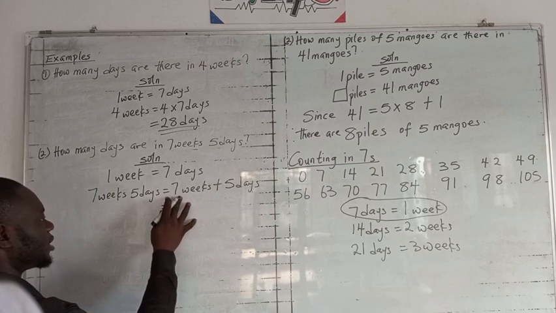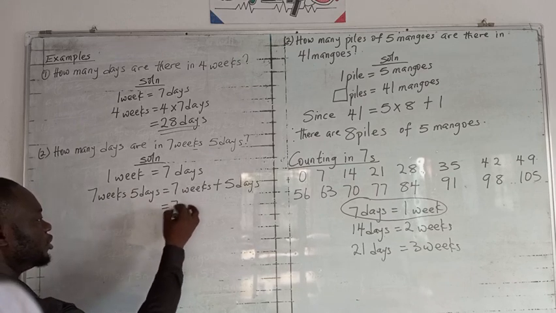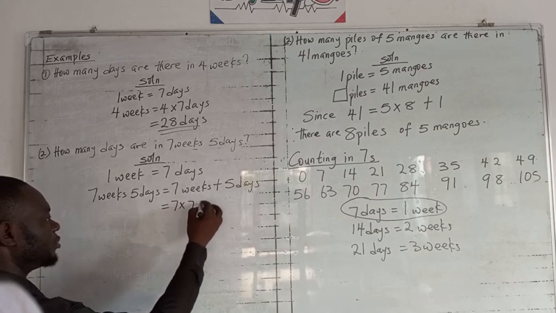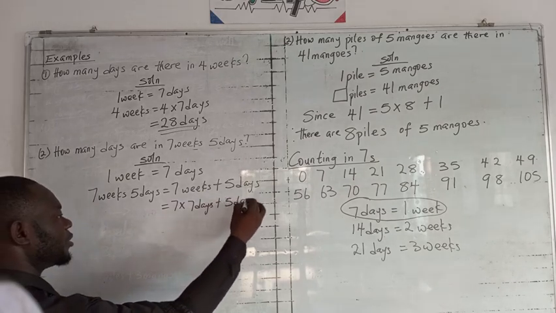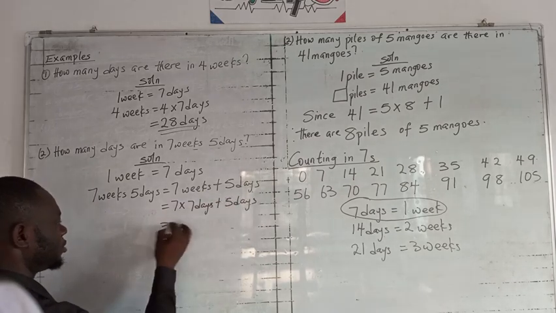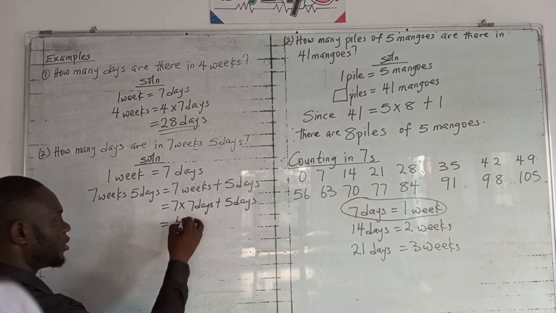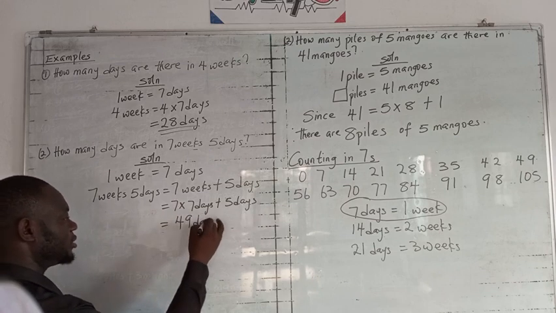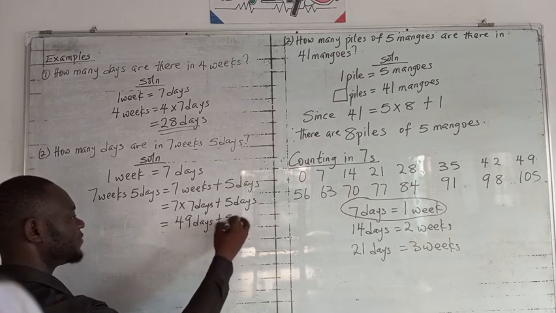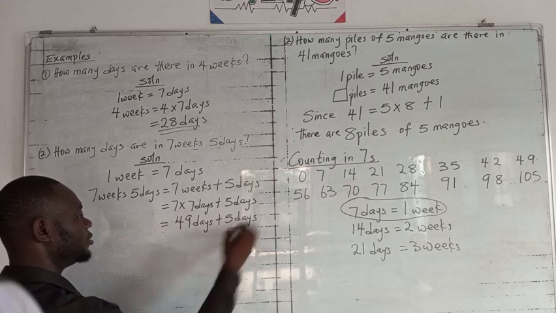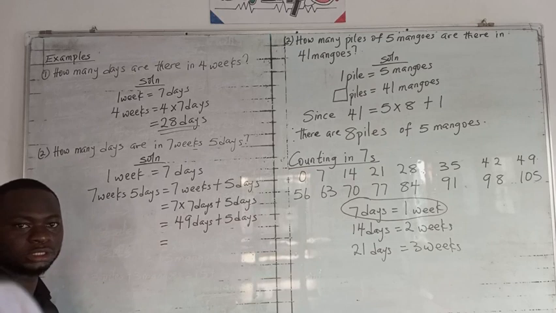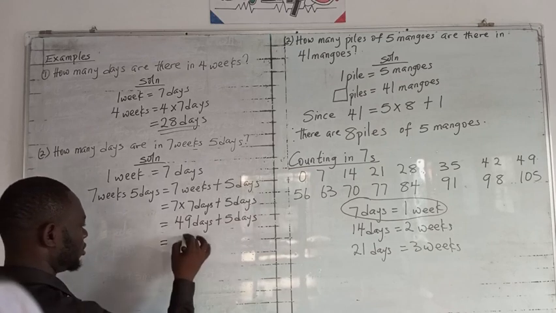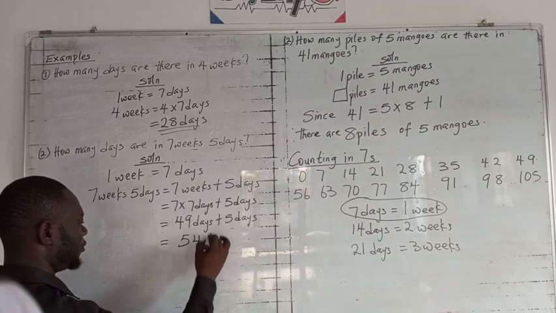How many days are in 7 weeks? This becomes 7 times 7 days plus 5 days. 7 times 7, 49 days plus 5 days. 49 plus 5 is what? 54.